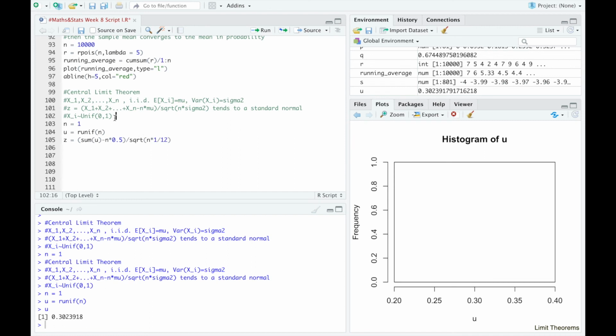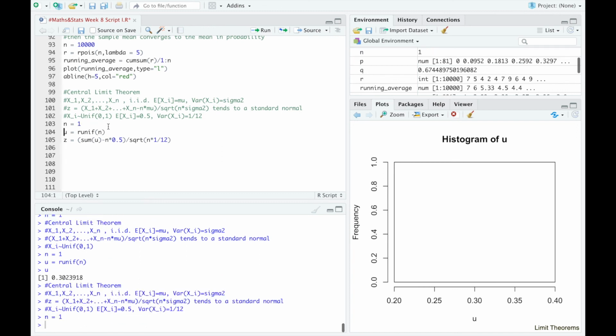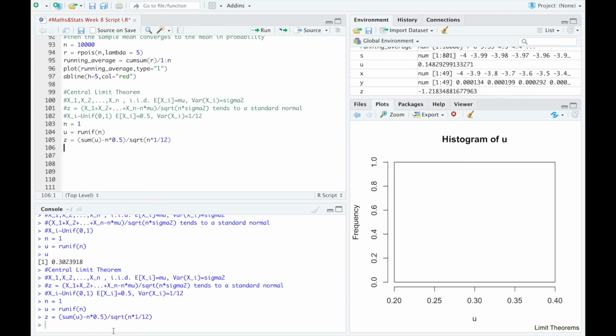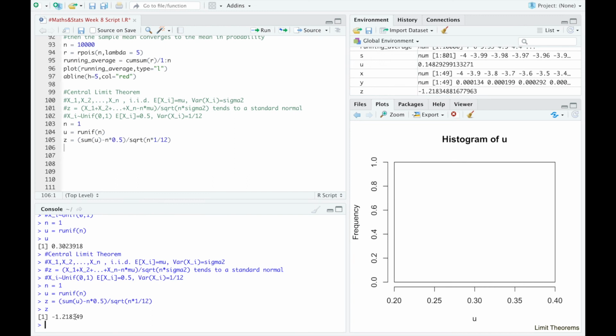So maybe we can write here that in this case the mean is 0.5 and the variance is 1 over 12. Okay, so we'd have that z should be distributed according to a standard normal.